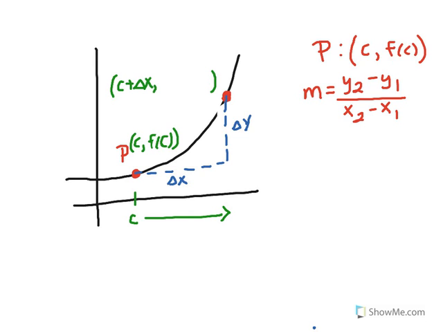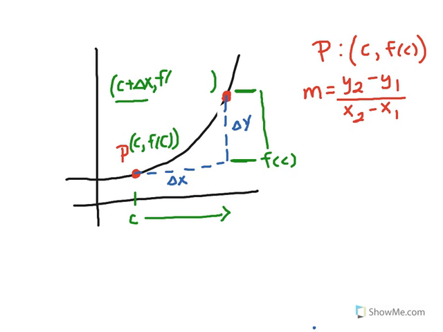And my y value, which would start here at some y value here, which is f of c, would be subtracted from this value up here. So this could be represented another way by taking this and just plugging it into my function. So I could say this y distance is the same thing as if I took my x value, which is c plus delta x, and plugged it into my function.